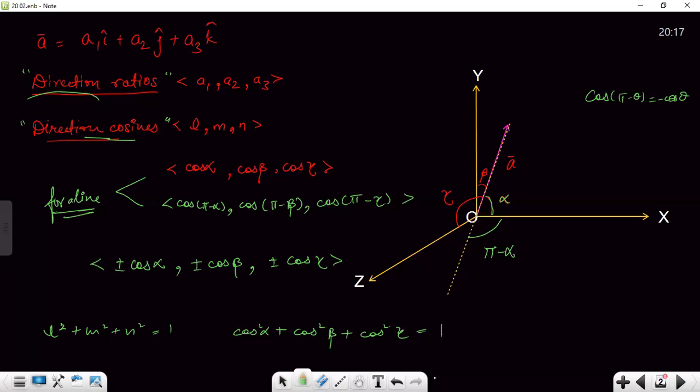If that is clear, let us now move ahead and discuss the direction cosines of a line when two points on the line are given.